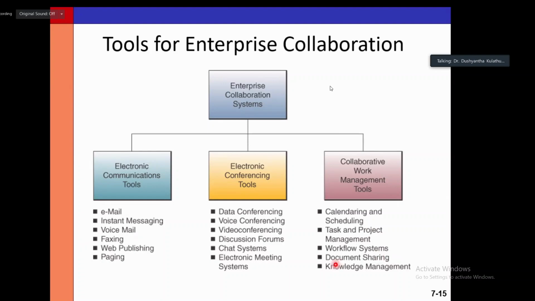And also knowledge management tools can be used to share knowledge between them. So these different tools can be embedded into the enterprise collaboration systems. The team members working on a particular project can utilize these tools in accomplishing their tasks.